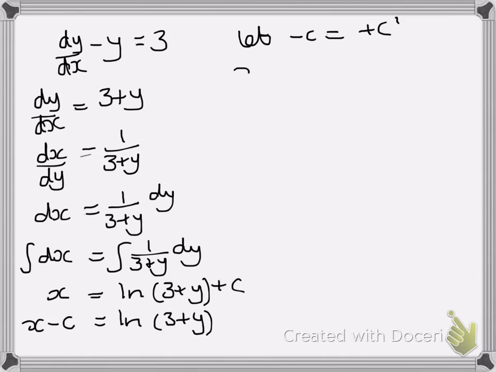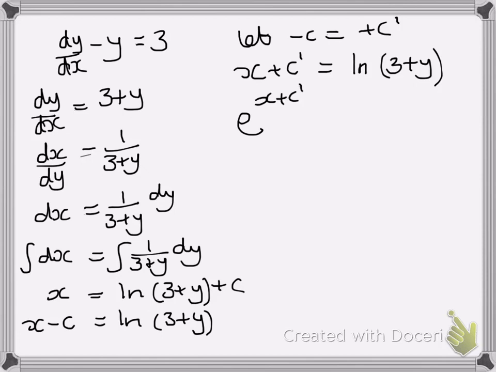So this makes x plus c dash equal to ln 3 plus y. We want to work out what y is equal to. So now we can say that e to the x plus our constant is equal to 3 plus y.